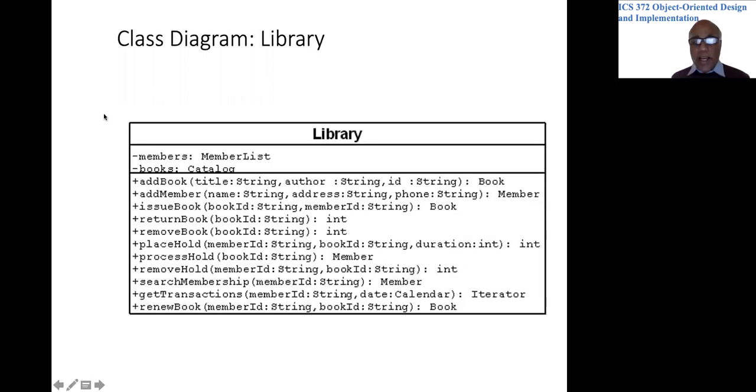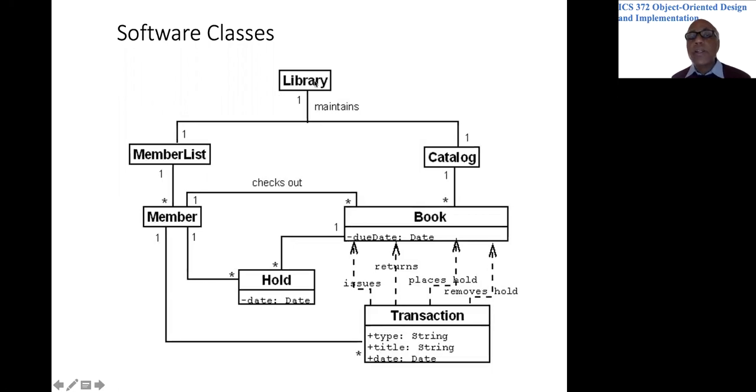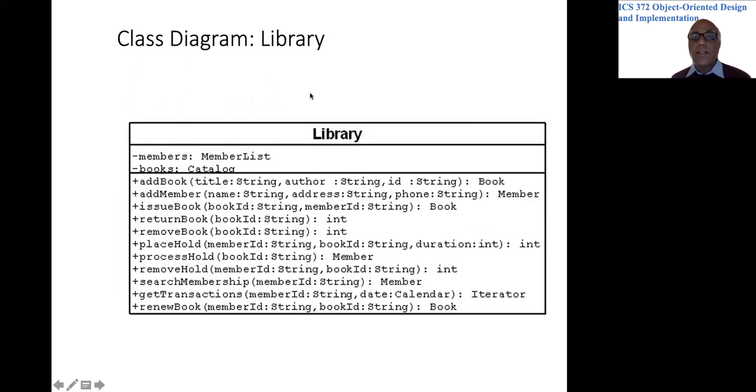So what we have chosen to do here is show the names of the classes in most of these cases, but show the details of the individual classes in individual slides. So the library class is shown here, the class diagram for library, without really showing how it is related to the rest of the system.